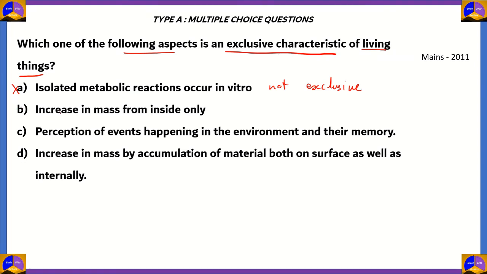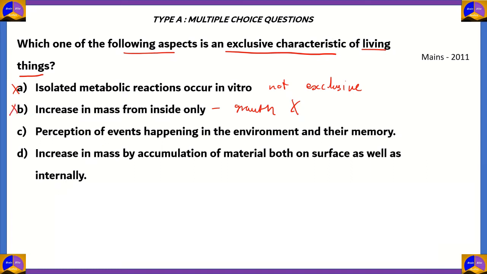Now option B, increase in mass from inside only. Well, we know that living things have an increase in mass intrinsically, but then increase in mass from inside only, which refers to growth, is not an exclusive characteristic. So option B is incorrect.